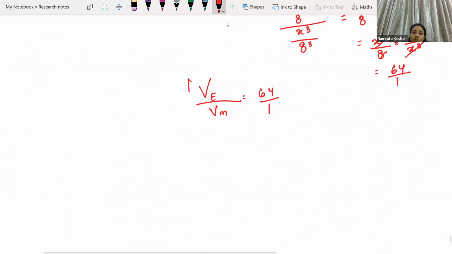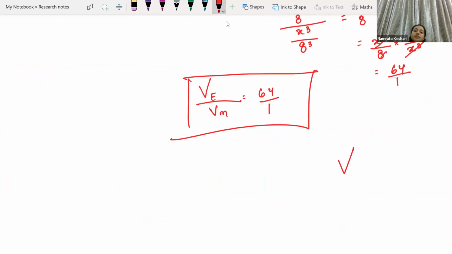From this ratio, I want to keep the volume of Moon separately, so I will do crisscross multiplication. That's why I was telling you that you can find the ratio anyway. This denominator will go to that side and get multiplied with the volume of Earth, and this 64 into volume of Moon. We want to keep the volume of Moon on one side.